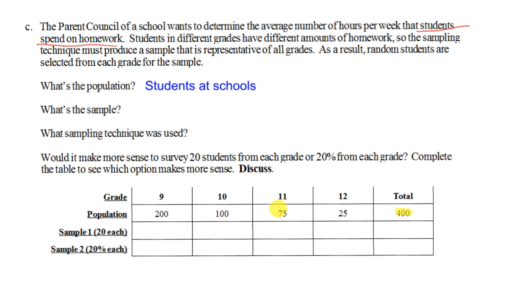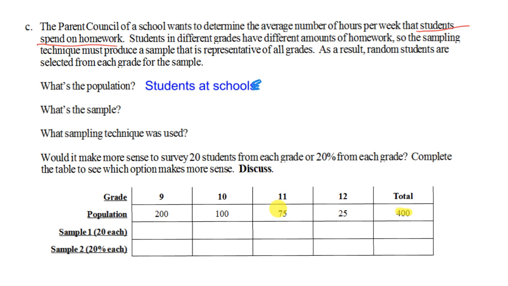It's because the parents want to find out how many hours per week students spend at homework. So that's everybody at the school that we're looking at. Not the schools, just the school. So let's continue.